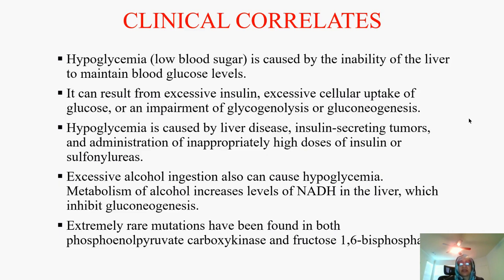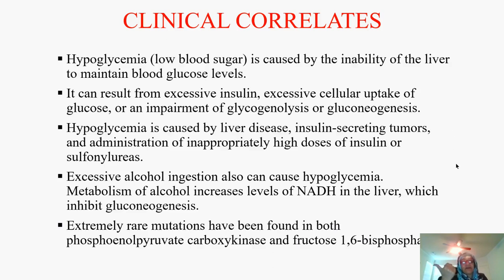There are certain conditions where we might not be able to do gluconeogenesis. For example, if we are producing high levels of insulin, insulin secreting tumors, that will lead to hypoglycemia and negatively affect gluconeogenesis.